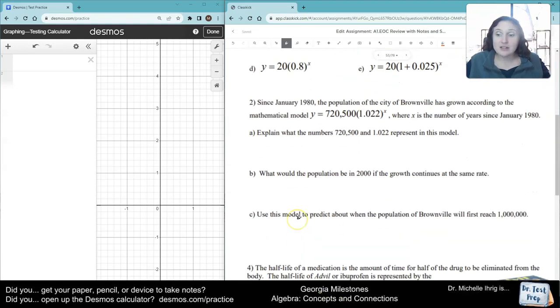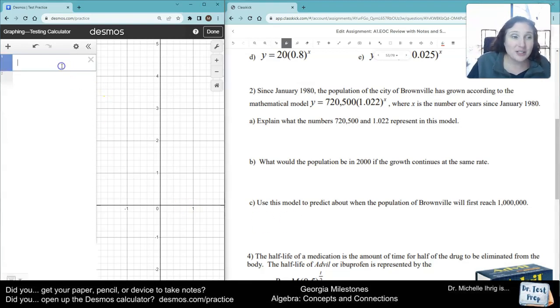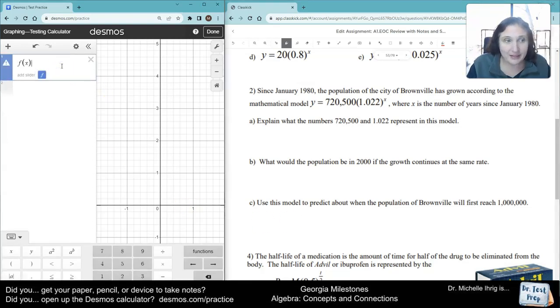So let's take a look at this first word problem. Since January 1980, the population of the city of Brownville has grown according to the mathematical model of y equals, and then that. You know what I'm going to do? Just for kicks, let's put in that function, even though we're going to have to really zoom out.